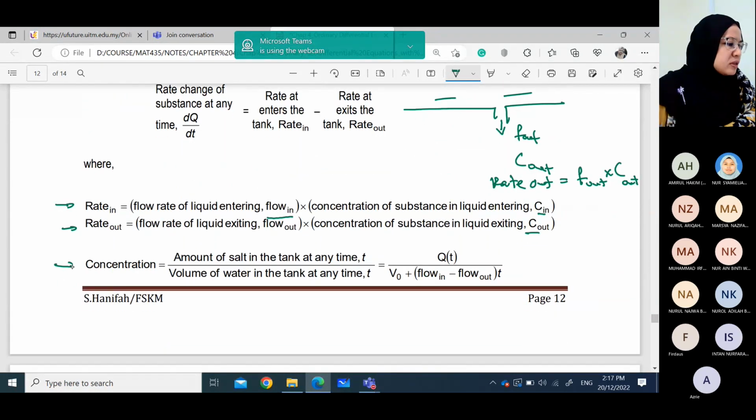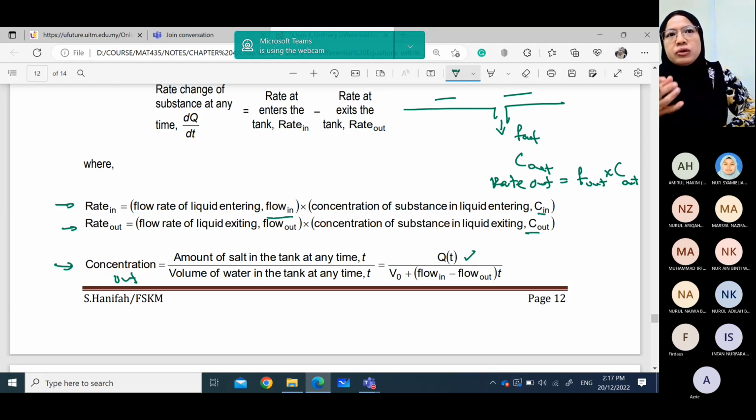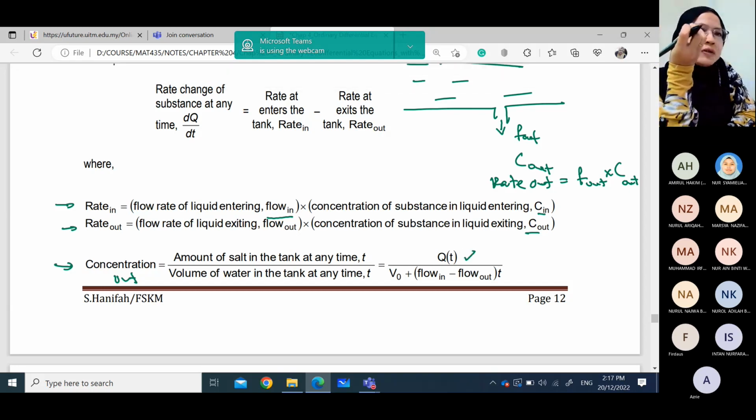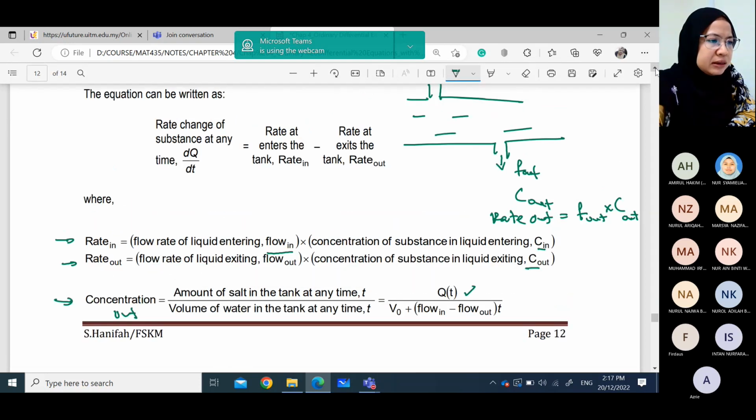Ini formula untuk concentration out. The amount of salt in the tank at any time T, divided by the volume of water in the tank at any time T. It is equivalent to Q of T. We state Q of T because we do not know the quantity of salt exiting the tank. So we take it as Q of T over volume V naught, volume yang sedia ada dalam tangki itulah.